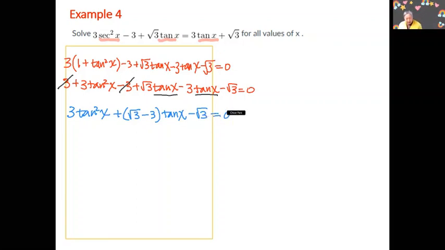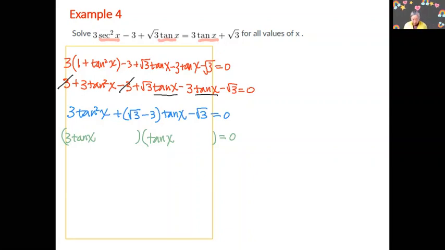Now we have a weird form of trinomial, but notice this is still the trinomial format. Then I can still factor, because the factors of 3 tangent square will be 3 tangent x and tangent x. And the factors of radical 3 are only 1 times radical 3.